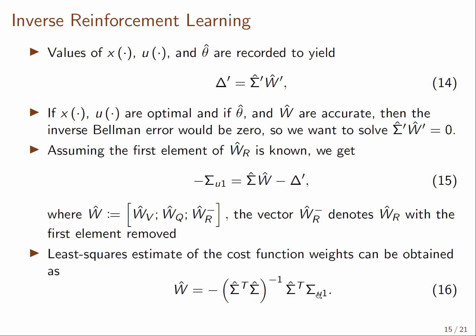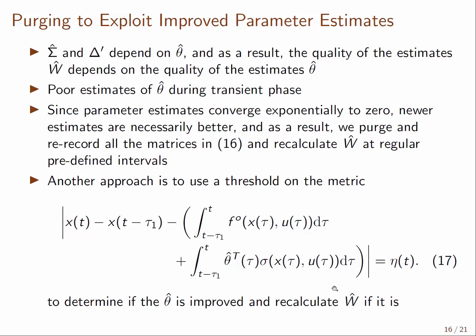Sigma hat and sigma u1 both we have to purge and repopulate, but we can do that, or we can do something more intelligent, inspired by the way this integral concurrent learning works. We can come up with a metric eta which captures how accurate these estimates theta hat are, and then once that metric reaches some predefined threshold, we can recalculate W hat.